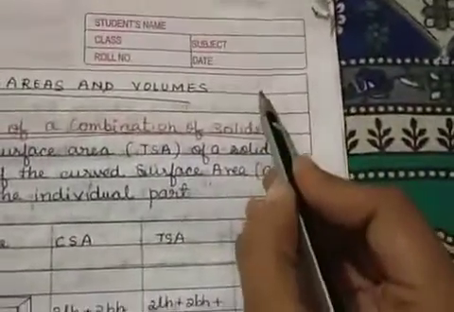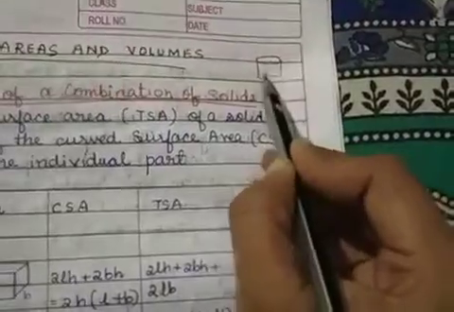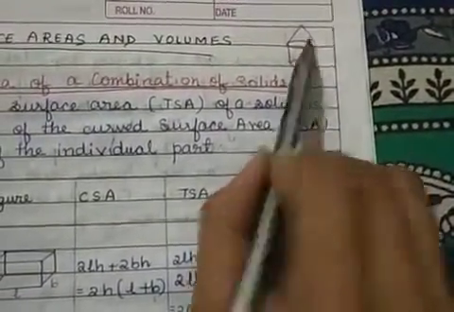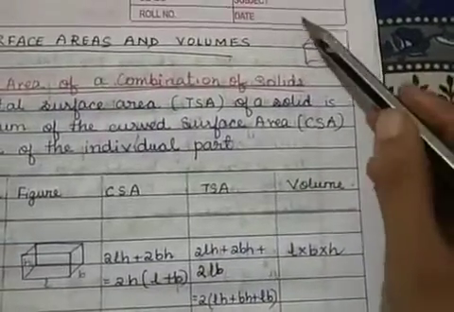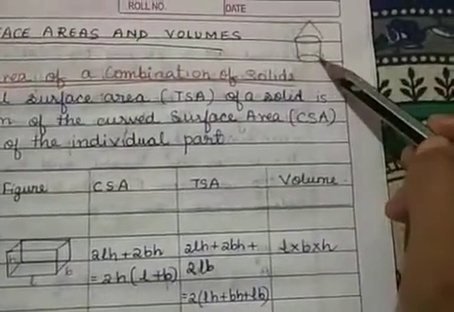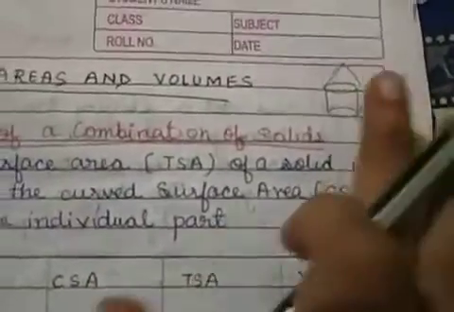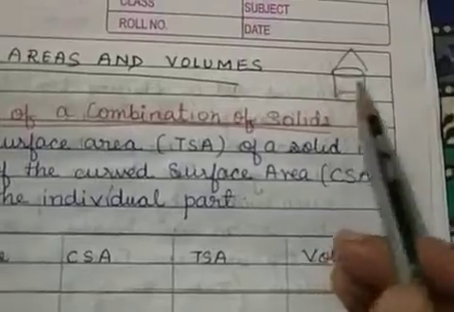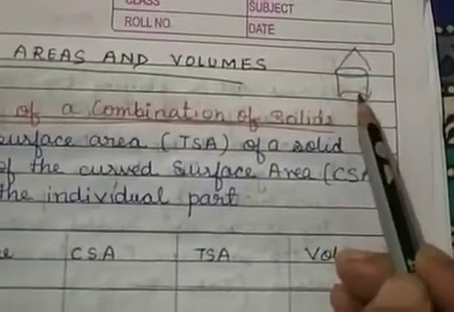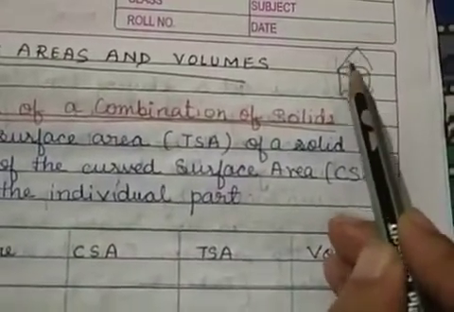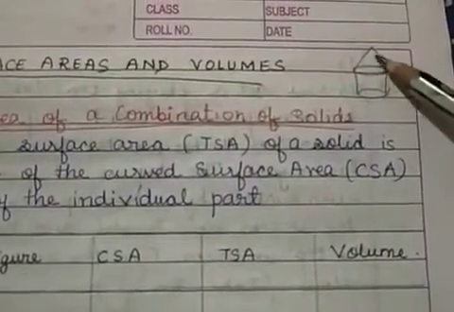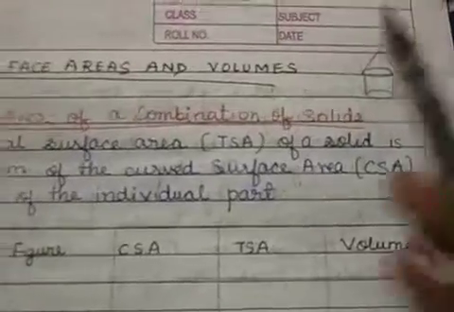For example, if you have a cylinder and a cone placed on top of the cylinder, then to find the total surface area of this solid, first we find the curved surface area of the individual parts. This is the cylinder. Then we find the curved surface area of the cone and we add the areas of these two solids or parts to find the total surface area.